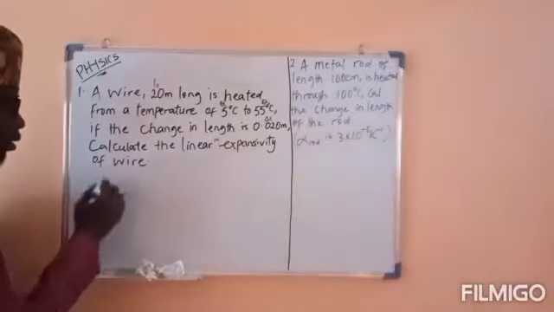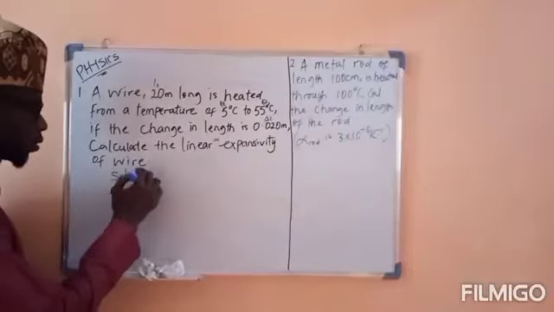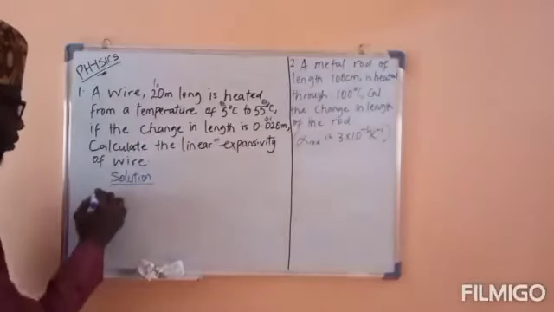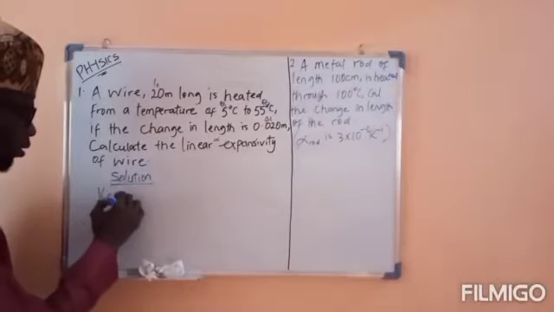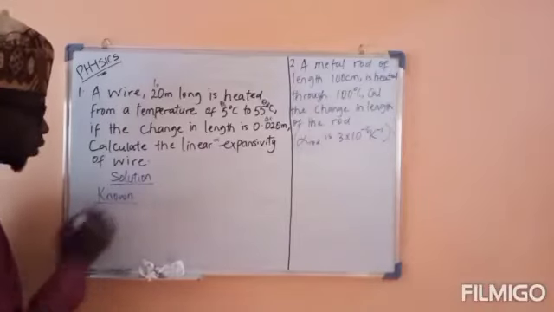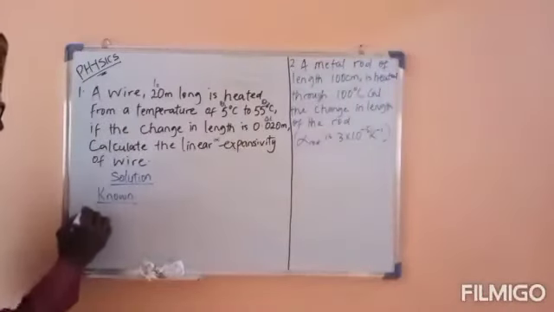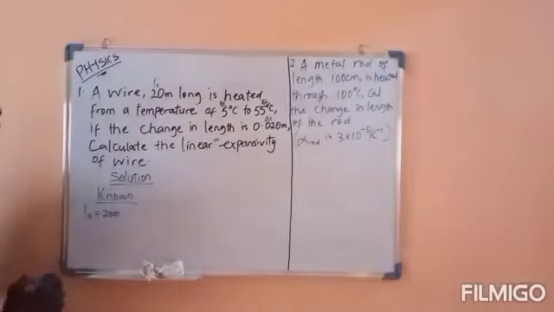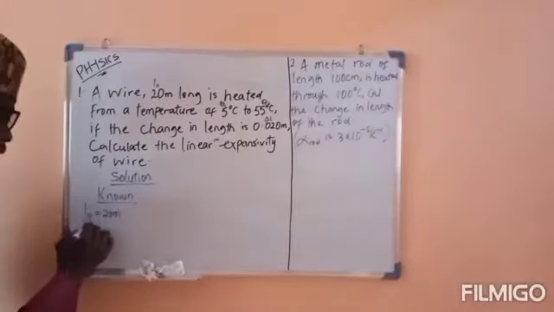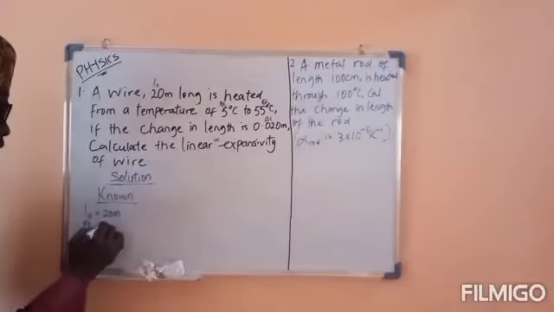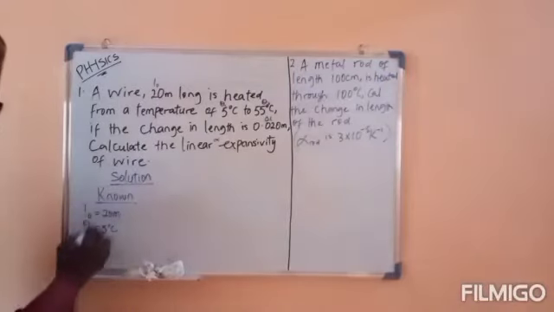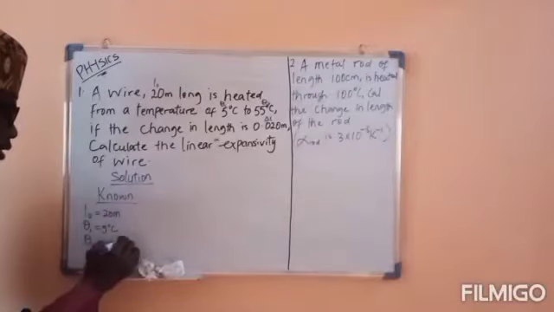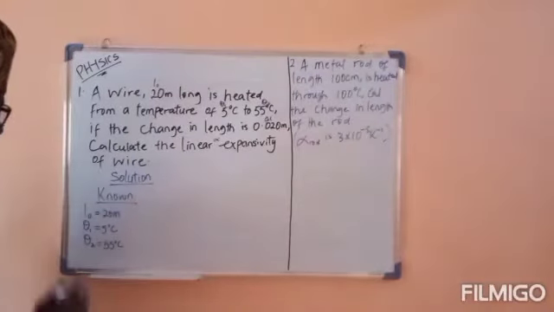Now, solution. Let's take our known. What we know is that our original length, L0, is 20 meter, and initial temperature, θ1, is 5 degrees Celsius, θ2 is 55 degrees Celsius, for you to see.